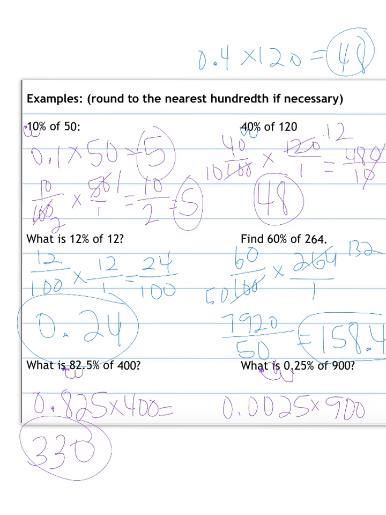So we take 900 times 0.0025, and you get 2.25, which is a really small number, but if you think about it, 25/100th% is a very small percentage. That's less than 1%. Okay?